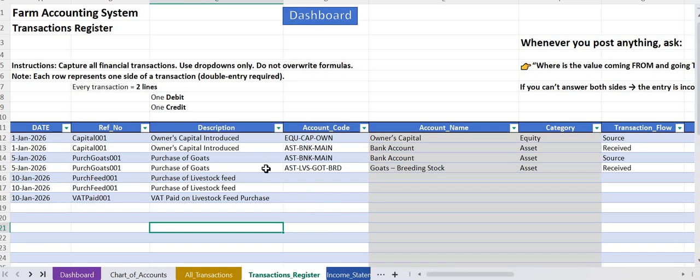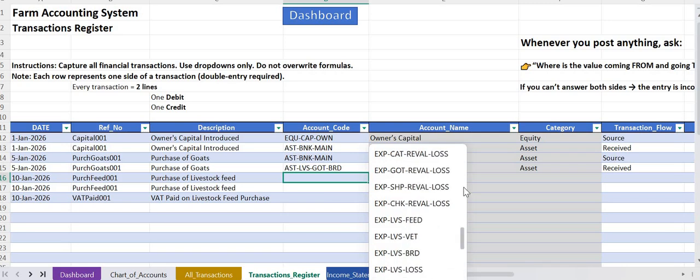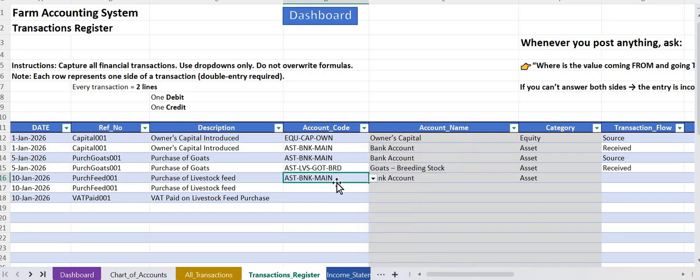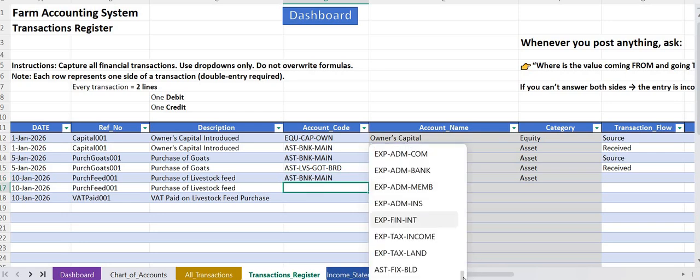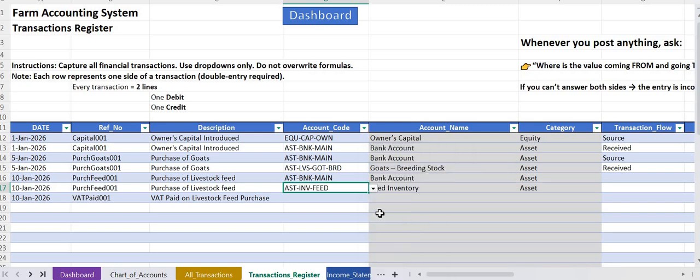All right. So now we need to identify which will be the source account and which will be the recipient account. So of course the source account would be the bank, because we are purchasing this through the bank. And the first recipient account would then be the asset account under inventory, so asset inventory feed.